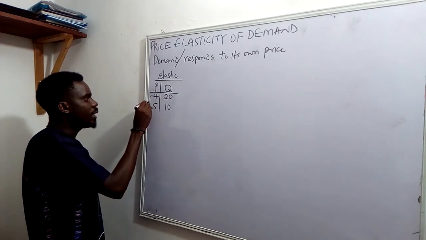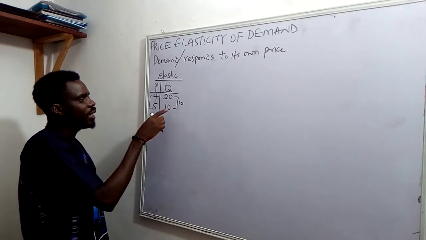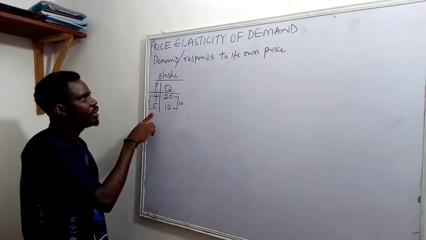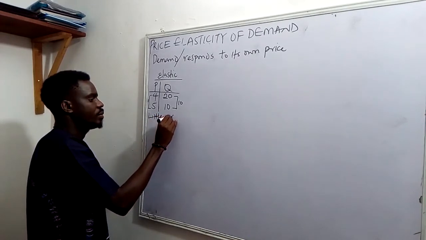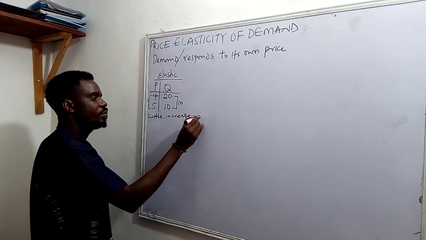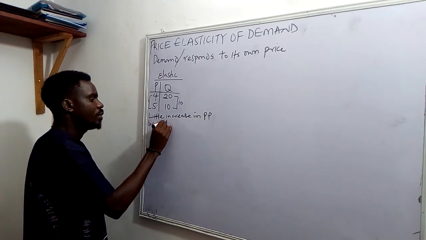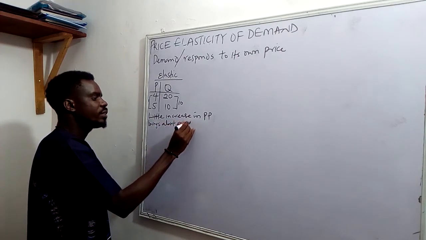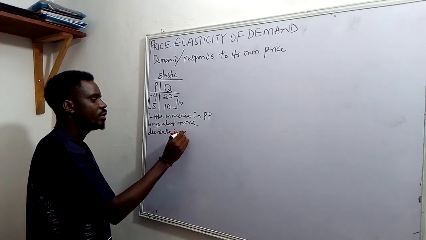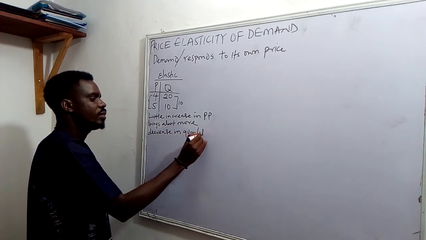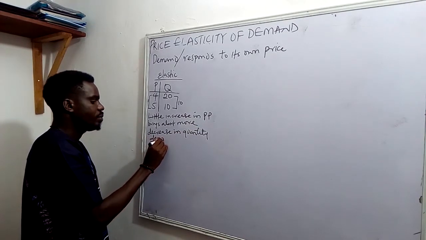Change in price 1, change in demand 10. We can see that demand responds more to change in price, or a little increase in price brings about more decrease in quantity demanded.